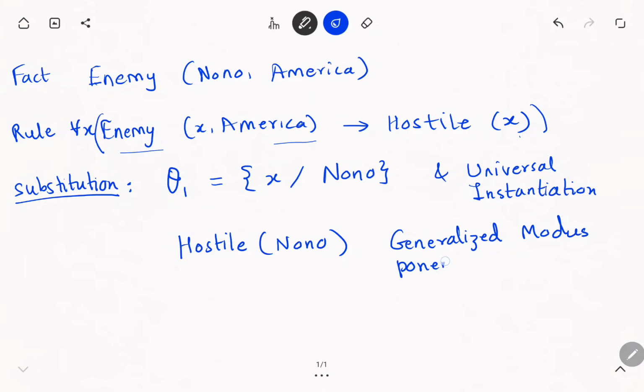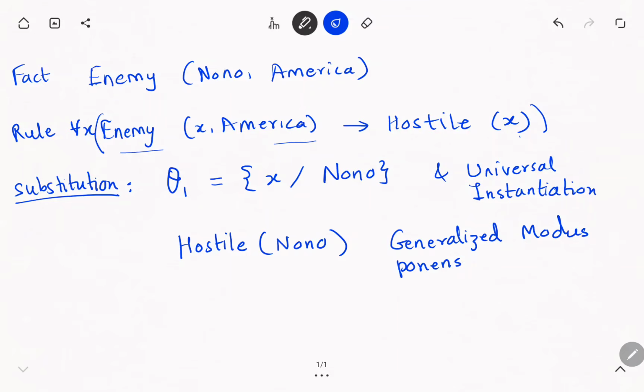As you know, generalized modus ponens is when the clause P can contain multiple smaller clauses combined together, and when all of them are true, then we can say that Q is also true. So we have inferred that nono is hostile.